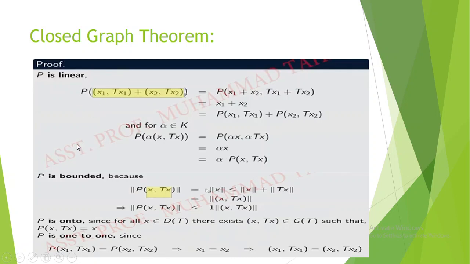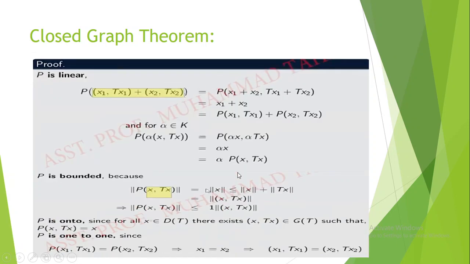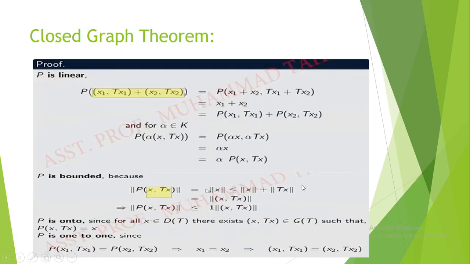Now, P is bounded, because the norm of this ordered pair is this. How? Because we defined here P of (x, Tx) equal to x.